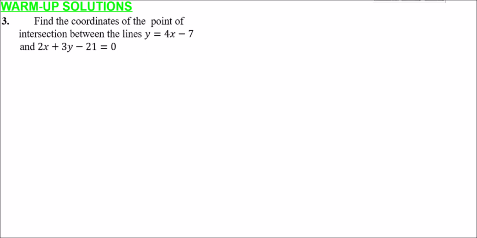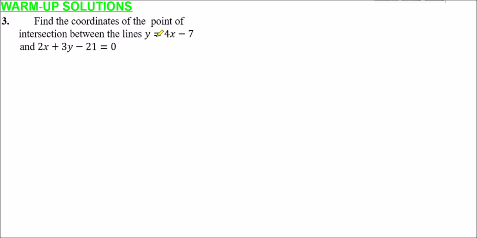So there's a few ways of doing this. What we could do, we could solve simultaneously. We could substitute in. We could do a few things to work out these points of intersection. What I'm going to do, first of all, I'm going to take this equation here, y equals 4x minus 7.